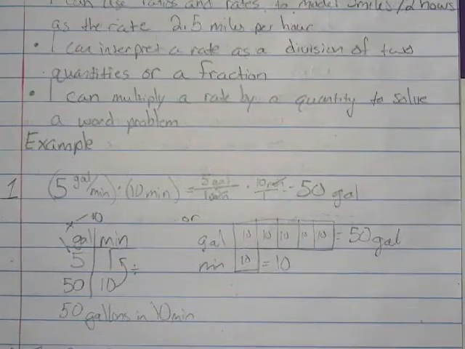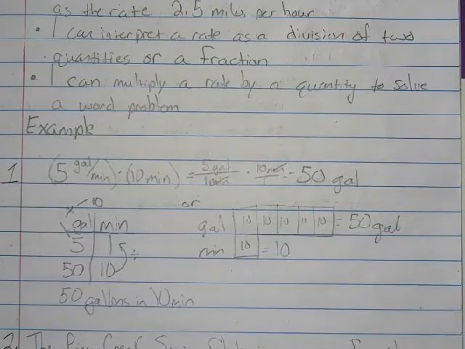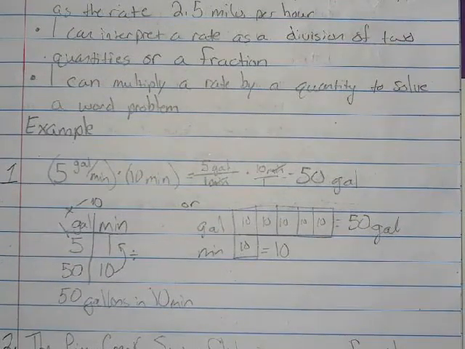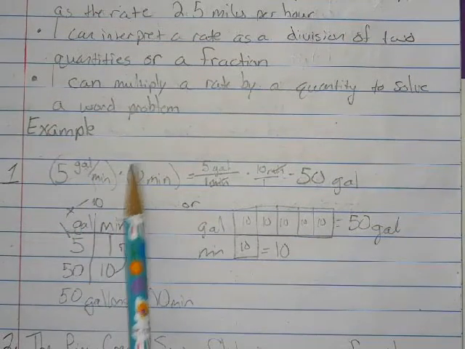Your first example, I have 3 different ways that you're going to be able to solve our given problems. So we have 5 gallons per minute over 10 minutes.